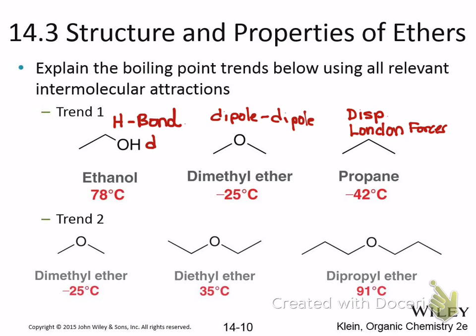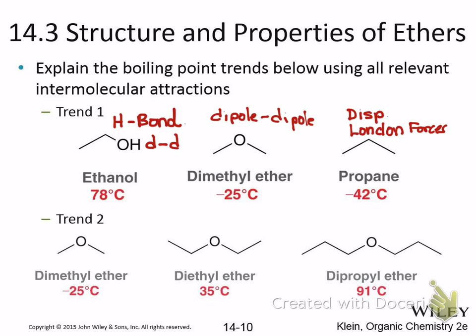All of them have dispersion forces, but the principal force for ethanol is hydrogen bonding. Dimethyl ether or diethyl ether is dipole-dipole, and then dispersion forces for propane. So if you look at the boiling point trends, it makes pretty good sense: -42 for propane, 78 for ethanol, with dimethyl ether in the middle.